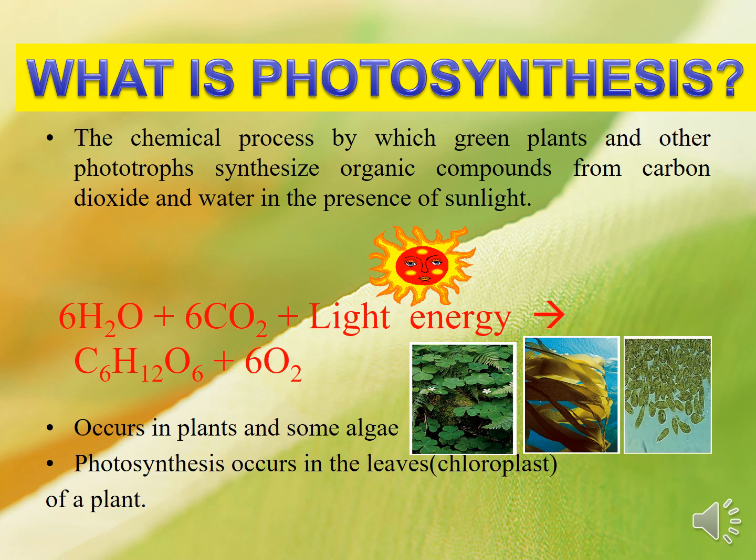When you look at the general reaction of photosynthesis, they require water and CO2 with light, so they are able to produce C6H12O6, that is glucose, and also excrete oxygen. And this oxygen is really important for other organisms when it is excreted out from the plant body.